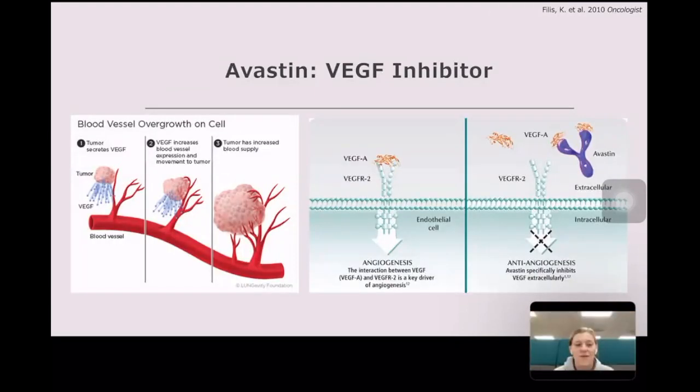All right, so Avastin is a monoclonal antibody that targets and neutralizes vascular endothelial growth factor, or VEGF, which is a pro-angiogenic factor. This inhibits angiogenesis, or the formation of new blood vessels, which is a hallmark of cancer. All tumors need to attract a new blood supply in order to grow in significant size.